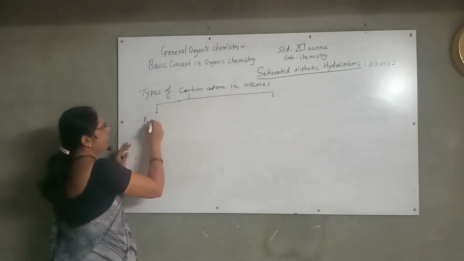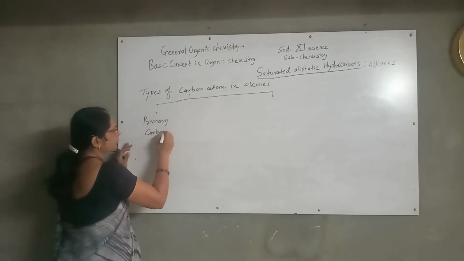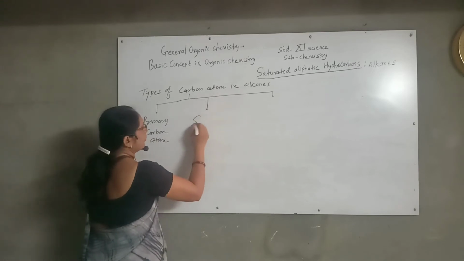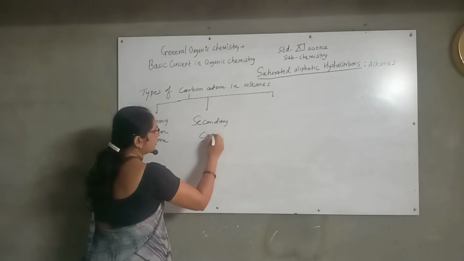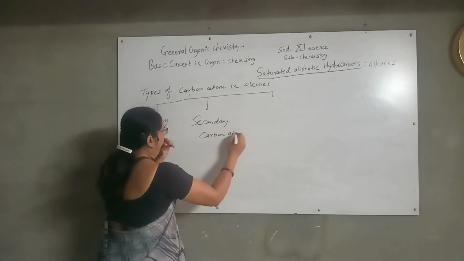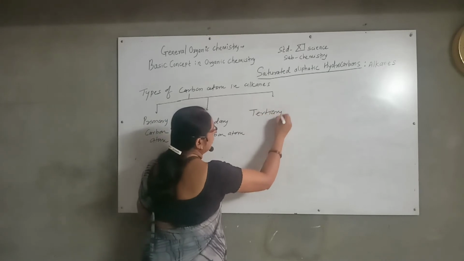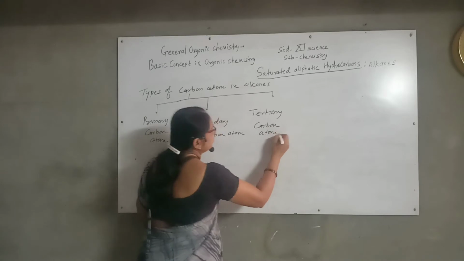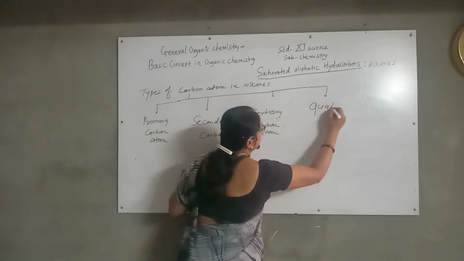First is the primary carbon atom. Secondary carbon atom. Tertiary carbon atom. And the last one is the quaternary carbon atom.